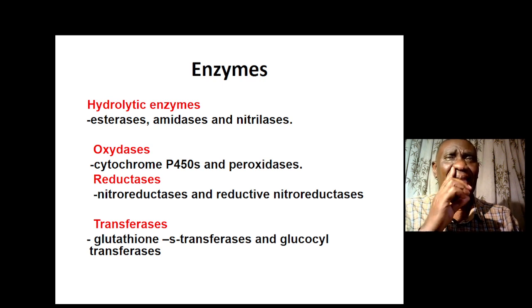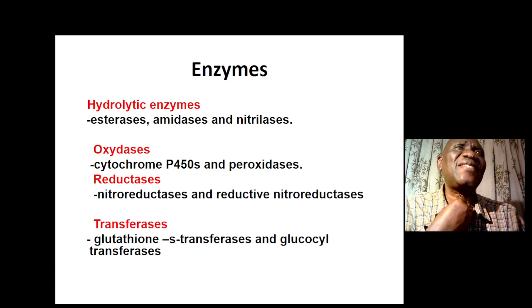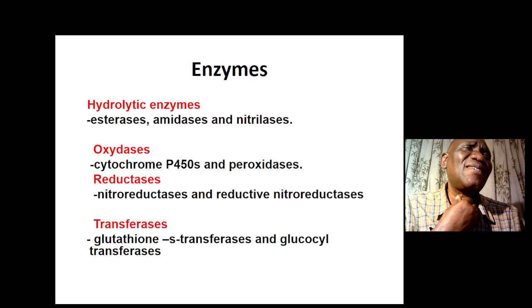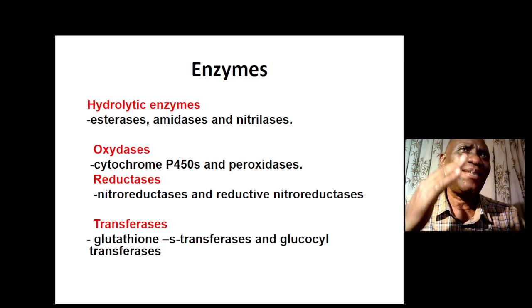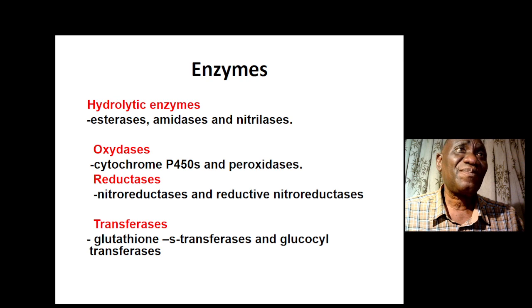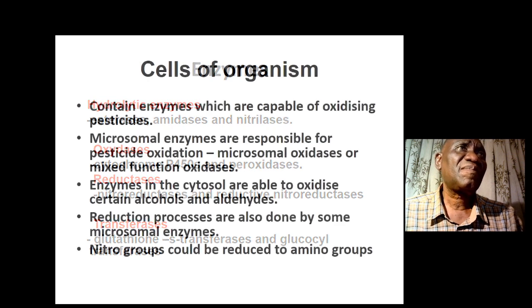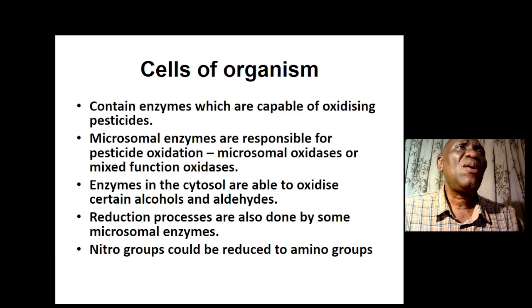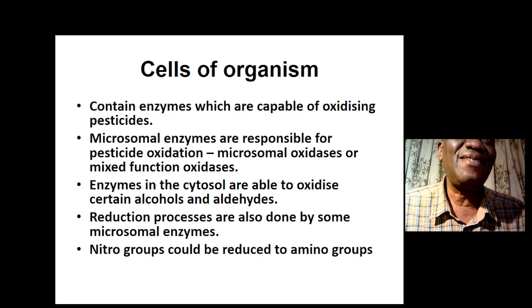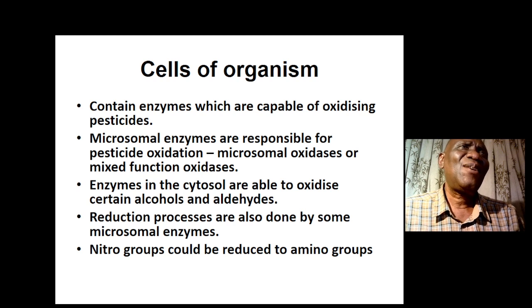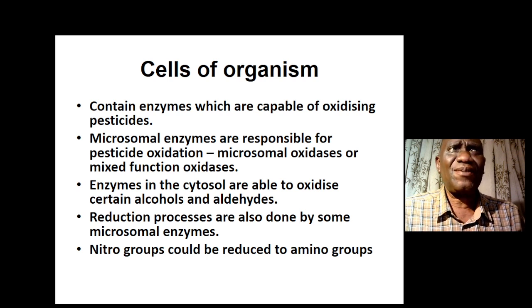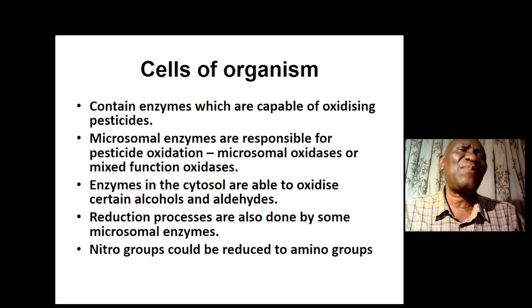So these are the products which facilitate reactions which break down the pesticides. So where do we find these enzymes which break down pesticides within organisms? Now, the cells of organisms actually contain enzymes which are capable of oxidizing pesticides.